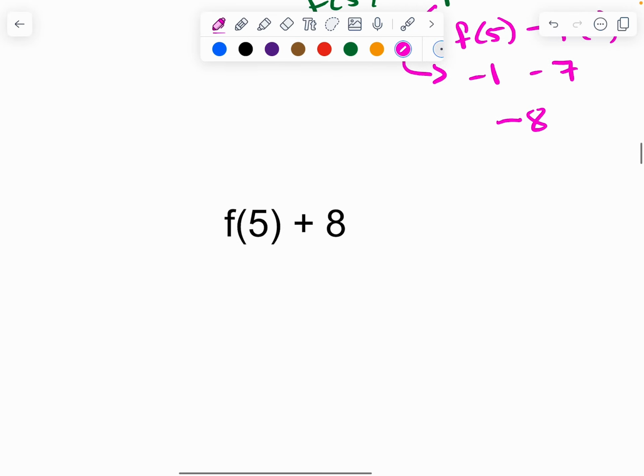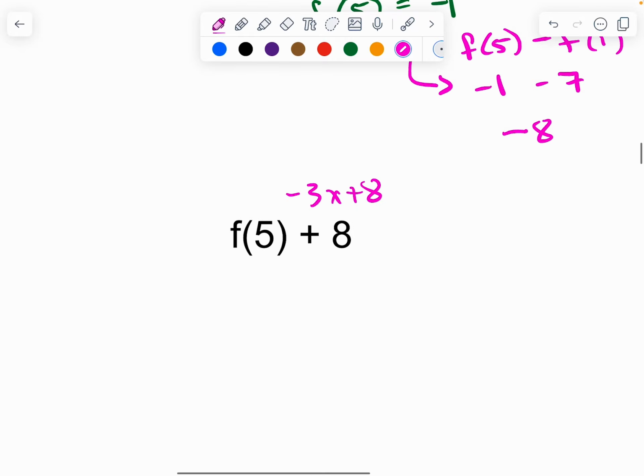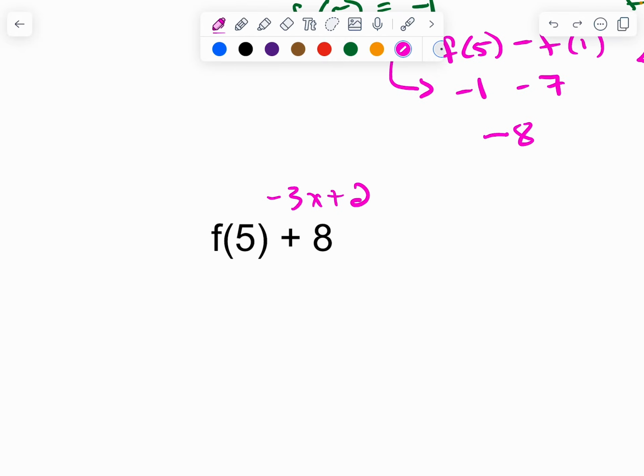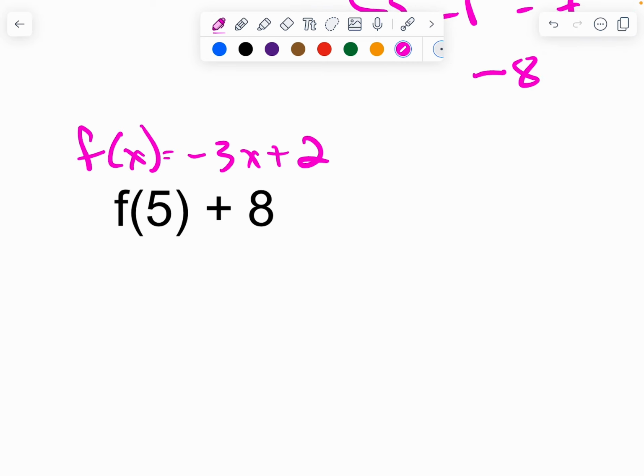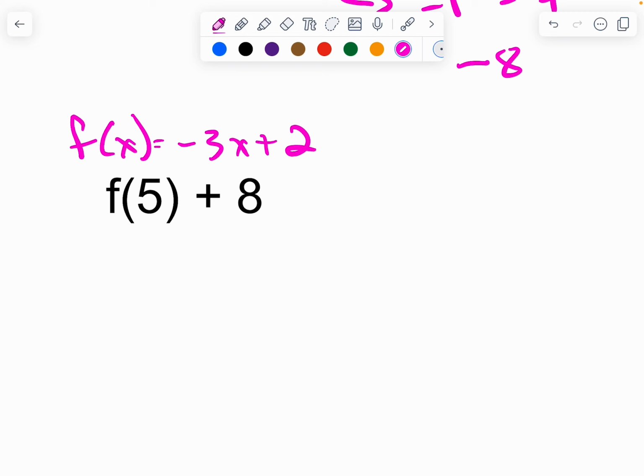Negative 3x plus 8. Is that right? Nope, plus 2, Kimberly. So f of x, that's what it equals. So I'm going to actually write it like this, and I'm just going to plug it in. Negative 3 times 5 plus 2 plus 8.